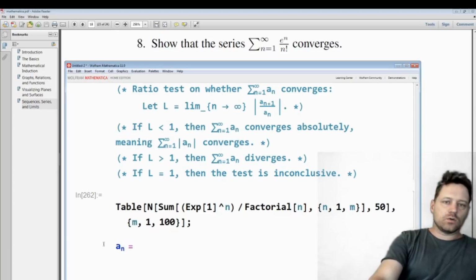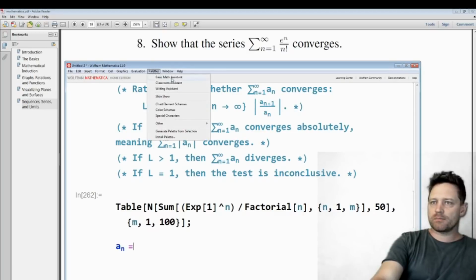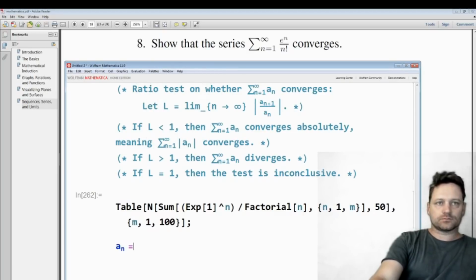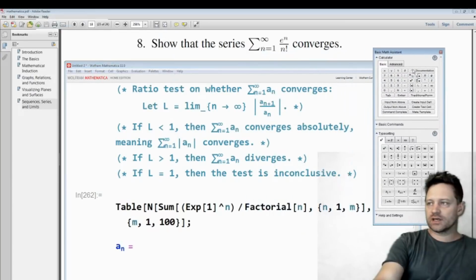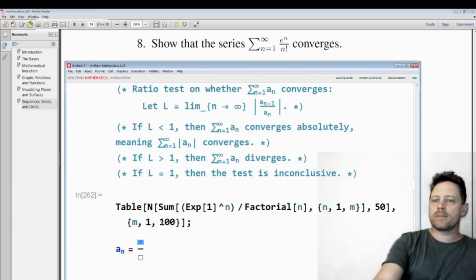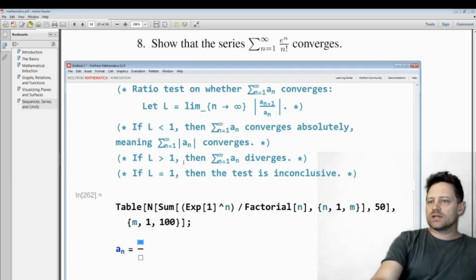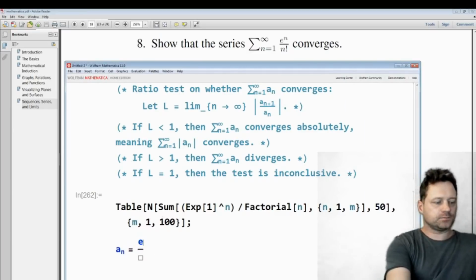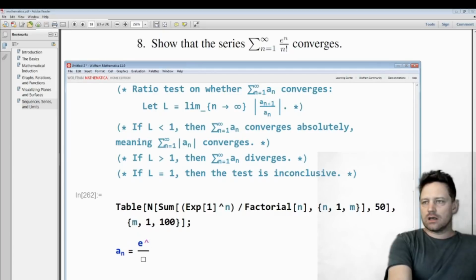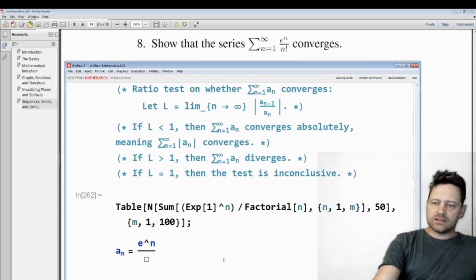Now I want a pretty fraction, so I'll open up the palette again and I'll show you what I'm doing. Clicking this button, I get a nice looking fraction, and we'll put in e to the n, and in the denominator we have n factorial.